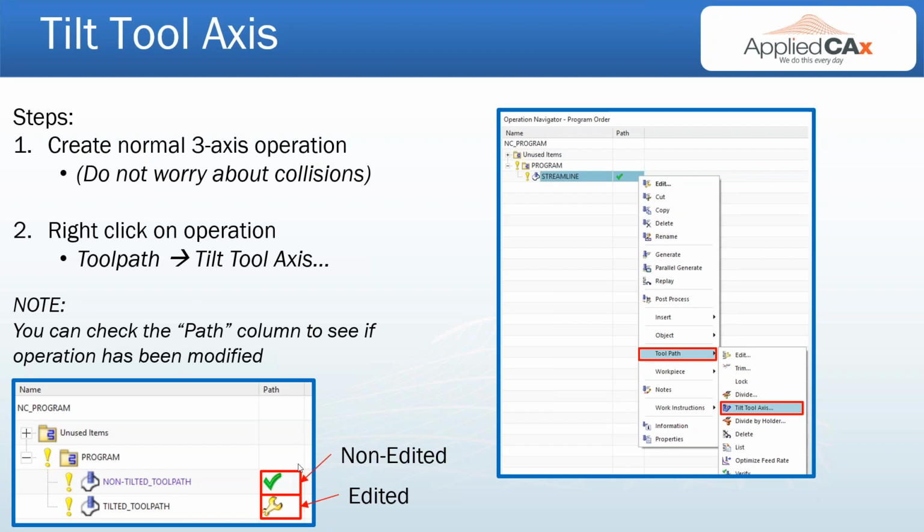If it's got a checkbox next to it, then that means that the toolpath isn't edited. So if you added a tool tilt and you regenerate it and you see this checkbox, then you better watch out because there's no tilt anymore.